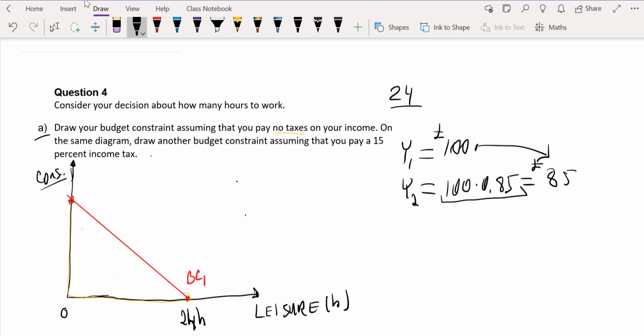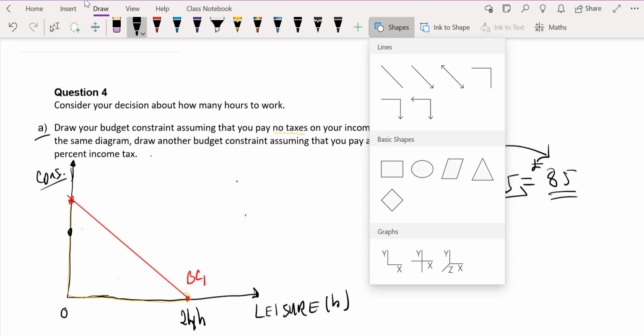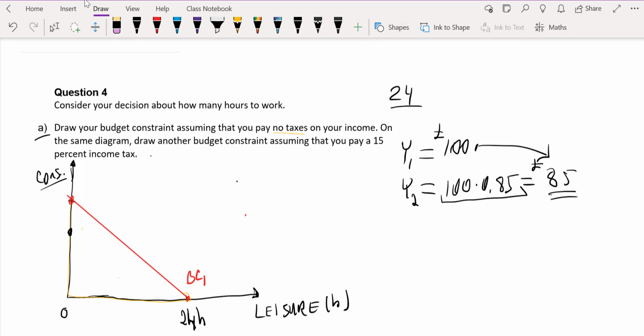What happens now is that my maximum amount of consumption will decrease, because my real income has decreased. So let's say this is an arbitrary point here, and with that new point I will be able to connect it to this point, which is my maximum amount of time I can spend enjoying leisure.